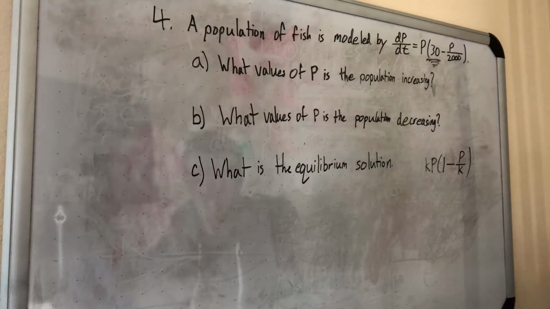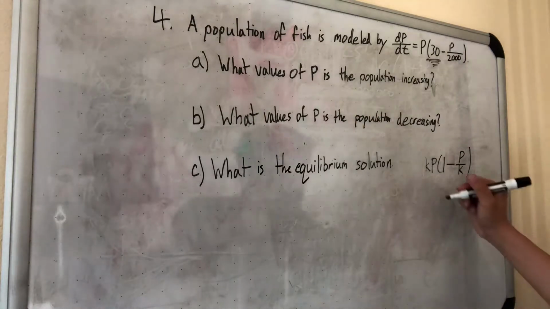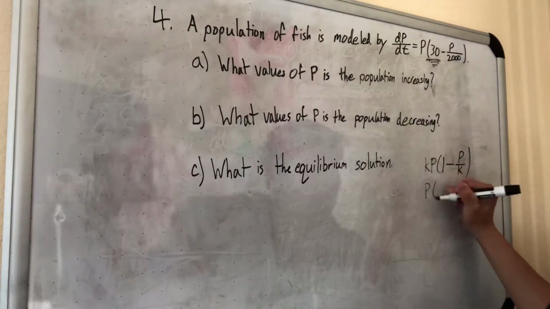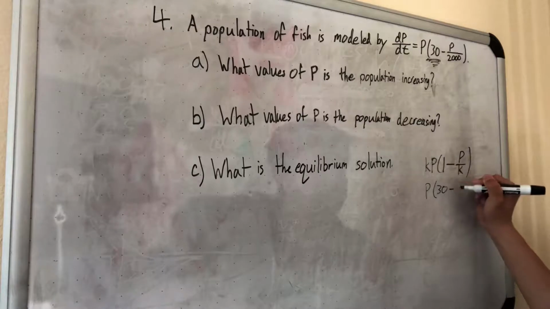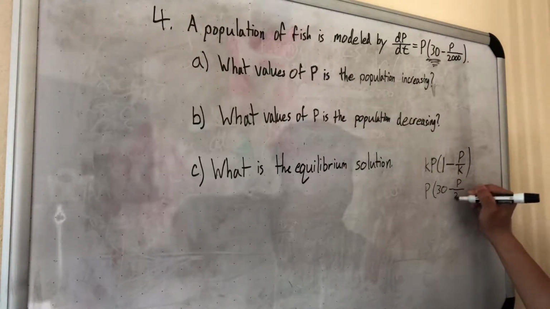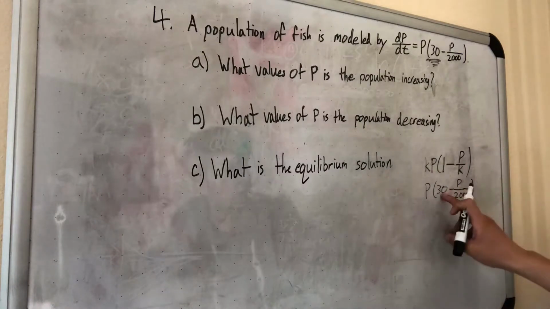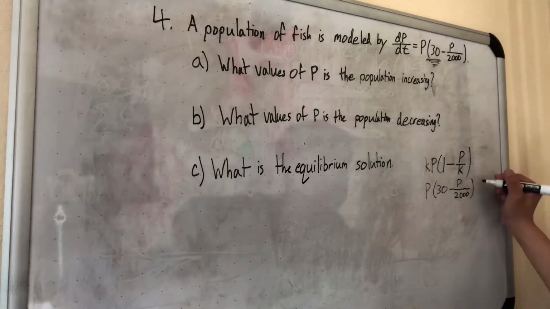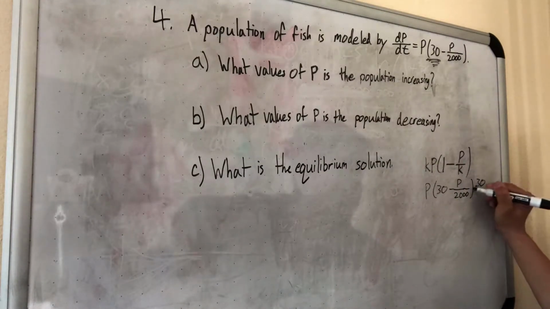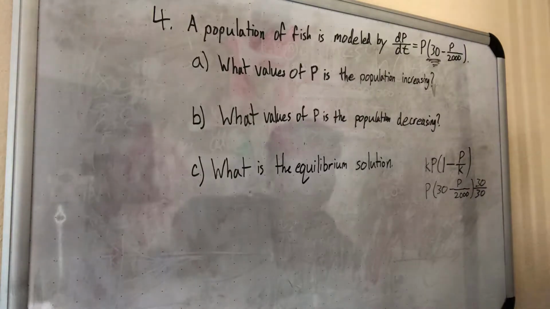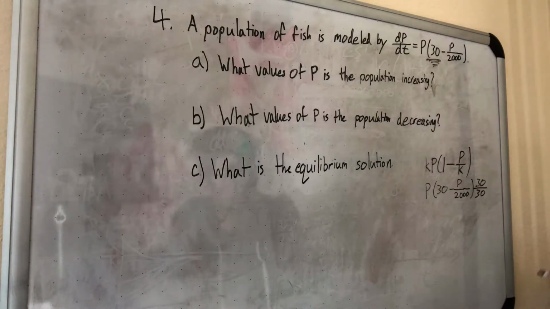So what should you do? Well, you have P times (30 minus P over 2000), and you just want to get from 30 to 1. So what you would do is you would multiply by 30 over 30. And you can do this because this is basically just 1.